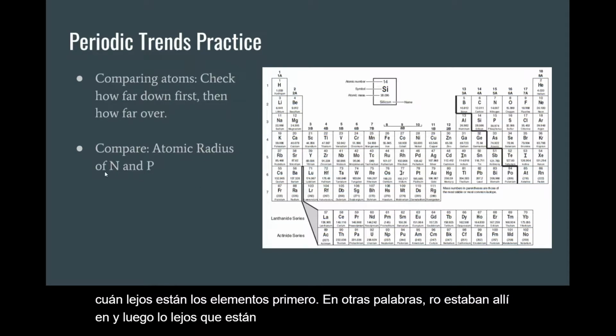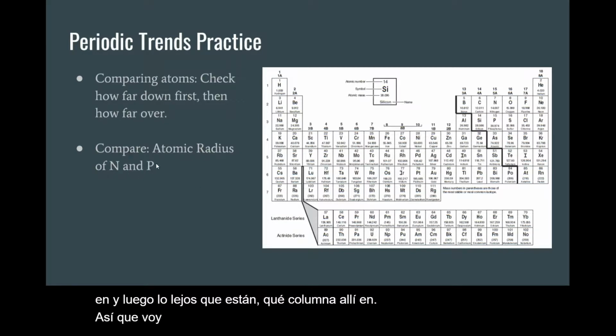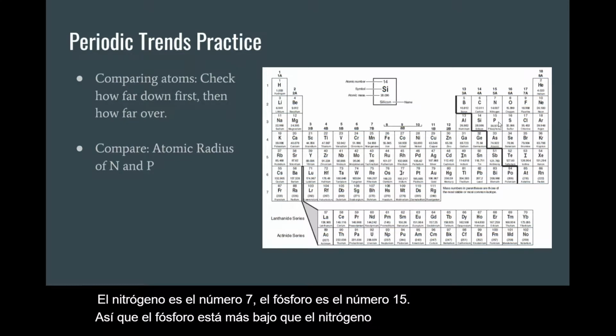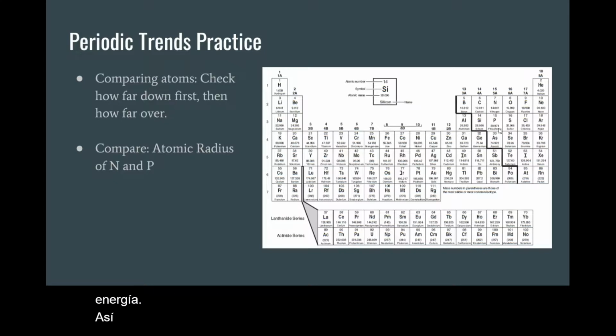So I'm going to find N and P. This is nitrogen and phosphorus. Nitrogen is number 7. Phosphorus is number 15. So phosphorus is down lower than nitrogen. It has more energy levels. So I know phosphorus will be bigger than nitrogen.